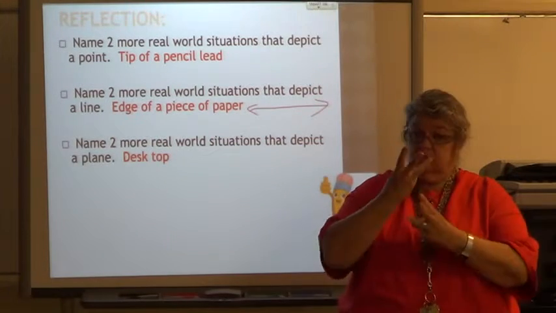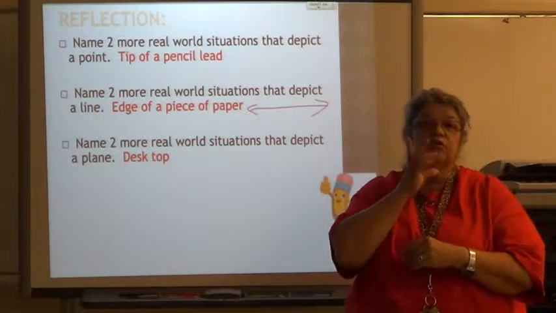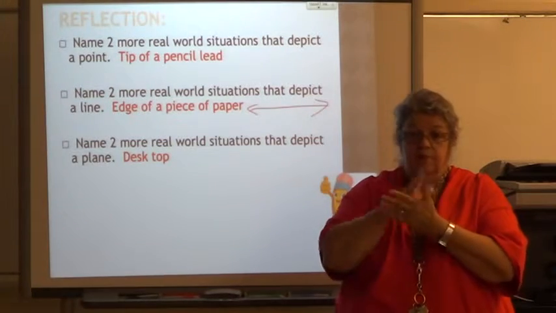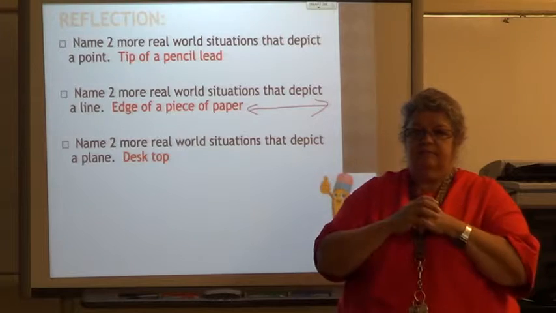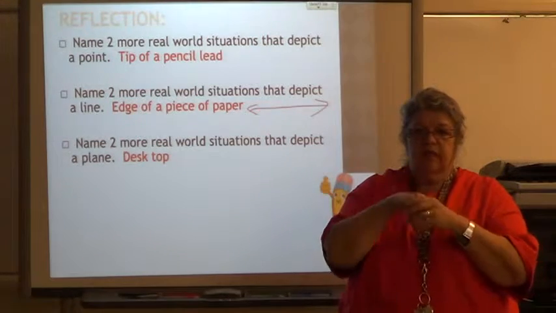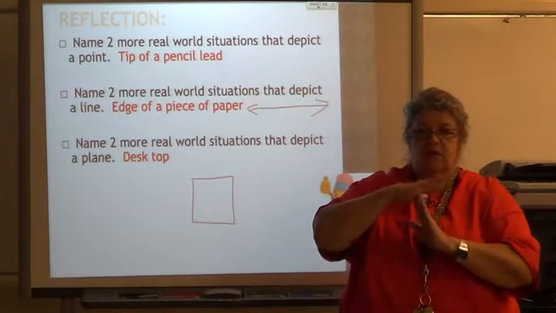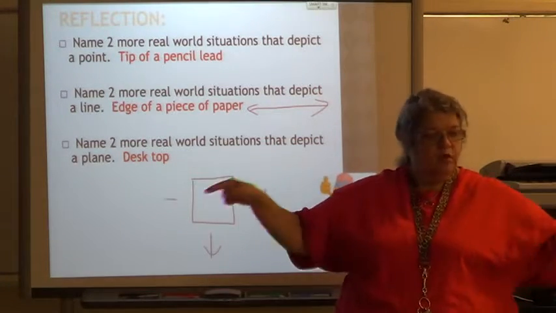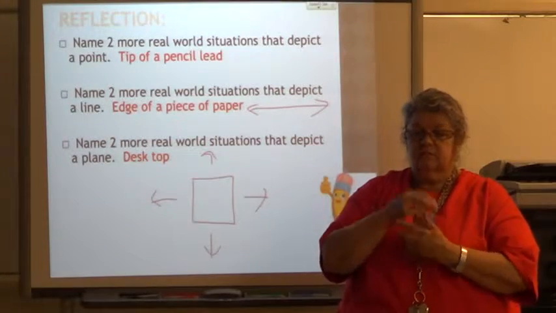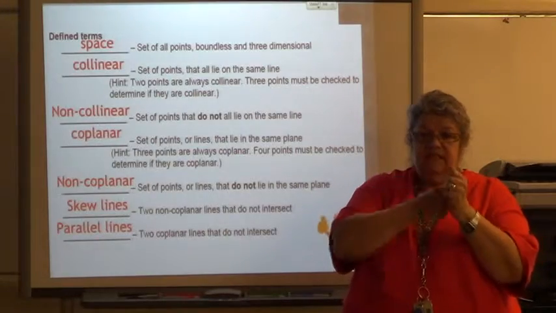But if we could extend that edge of a piece of paper forever in both directions, that would be a line. Same thing with a plane. Planes extend forever in all directions. So a desktop would be one if we could extend our desktop forever in 4 directions. Okay? Come up with 2 more of each on your own and write them down.